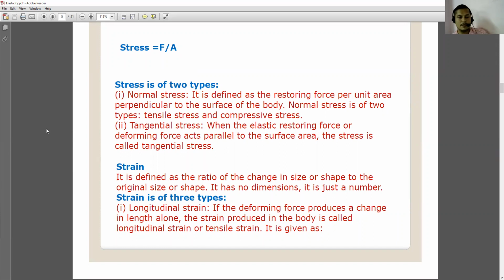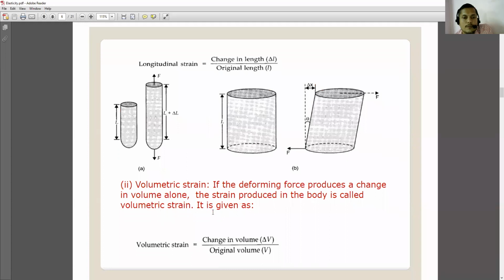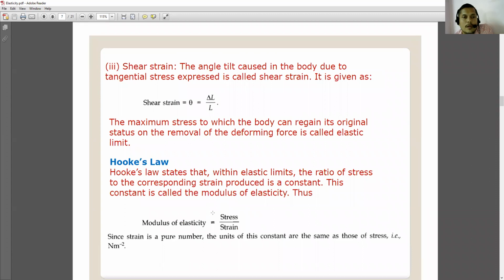Then the strain part we have completed, where strain is also the ratio of change in size or shape to the original shape or size. Three types are there: longitudinal strain, related to change in length only; volume strain, related to change in volume; and shear strain, which is tilting, that is, tangential stress expressed, called shear strain.